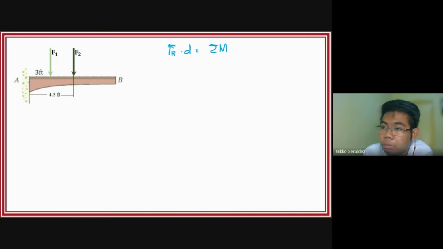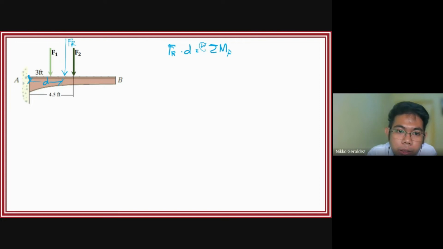The moment center is point A, with clockwise positive. The resultant force is to the right of point A, so it will produce a clockwise moment, which is positive.